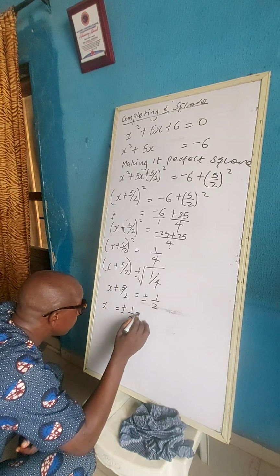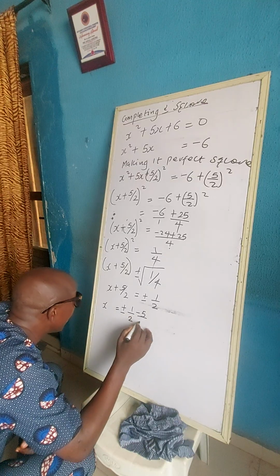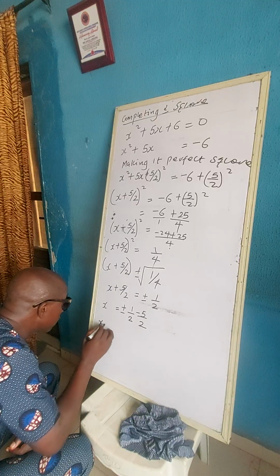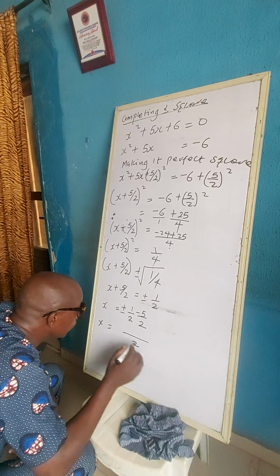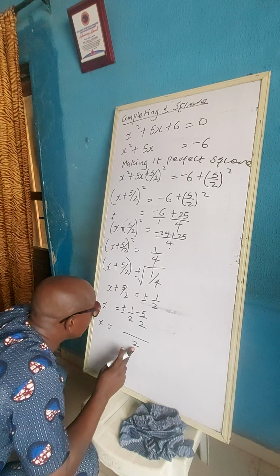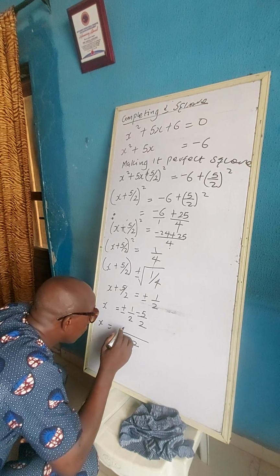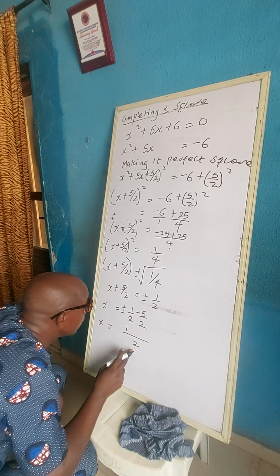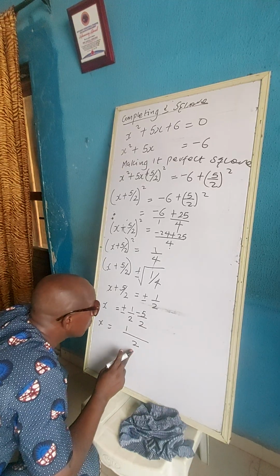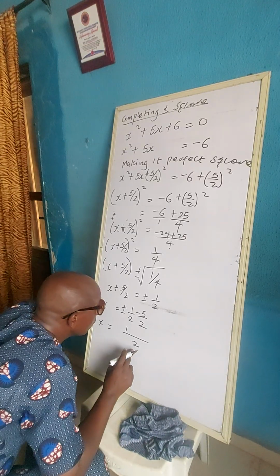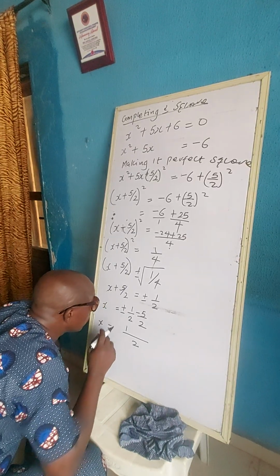minus 5 over 2. Find the LCM. X equal to, what's the LCM? 2. 2 into 1, 1 times 1, 1. Plus or minus, yes.